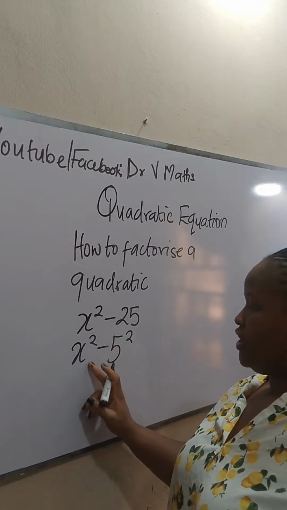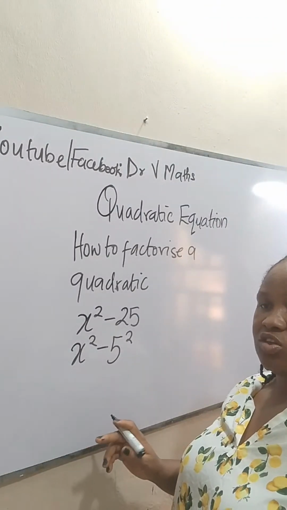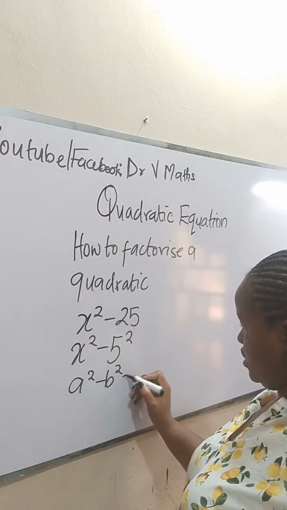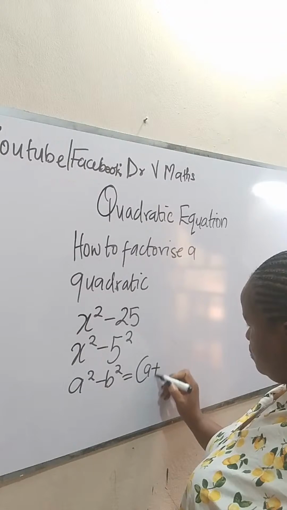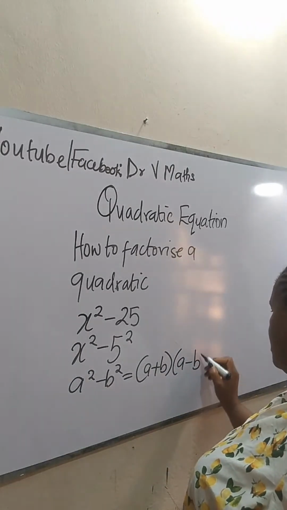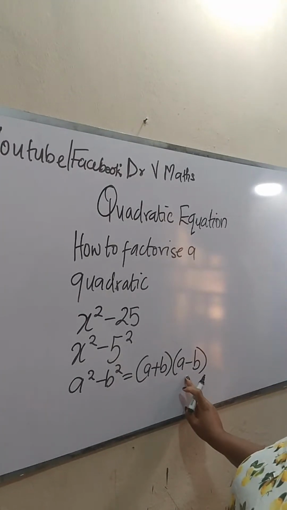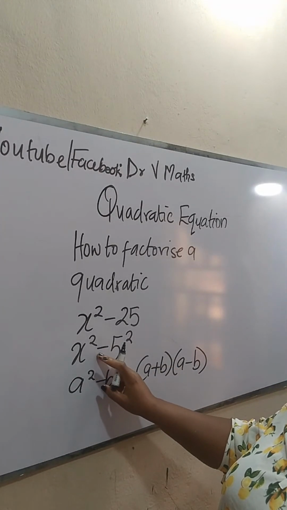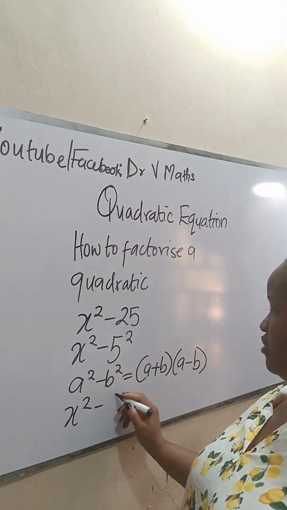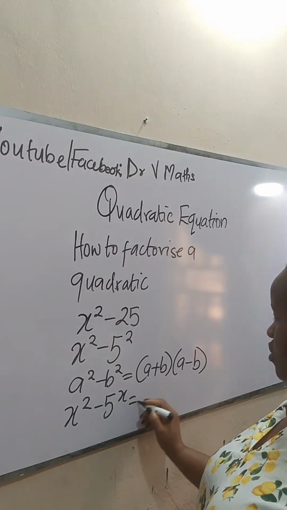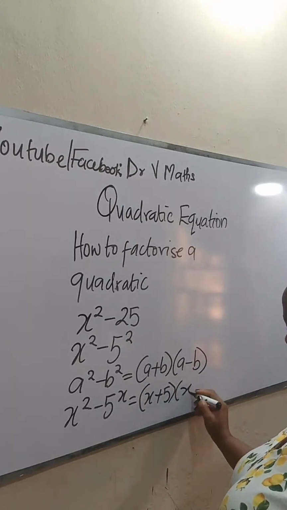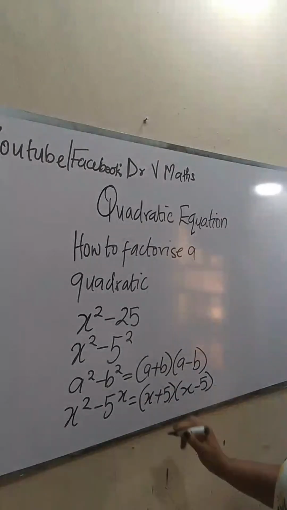Now, to factorize here, you apply the algebraic identity that states that a squared minus b squared is equal to (a plus b)(a minus b). If we use this method here, our x squared minus 5 squared is equal to (x plus 5)(x minus 5).